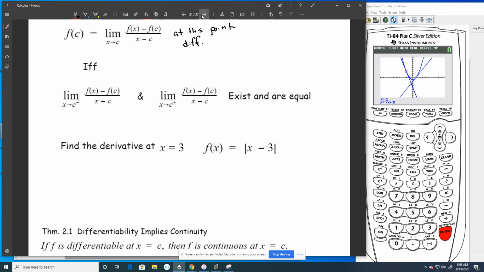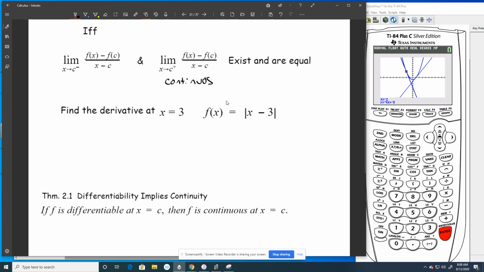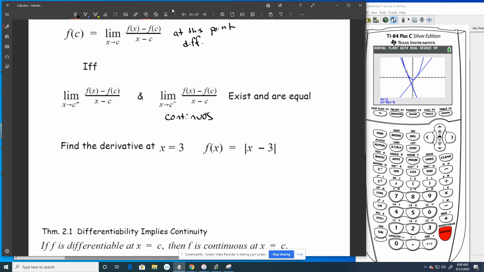Or in other words, if this is continuous at that point, okay? So what it's saying is f is differentiable at this point if f is continuous at that point.